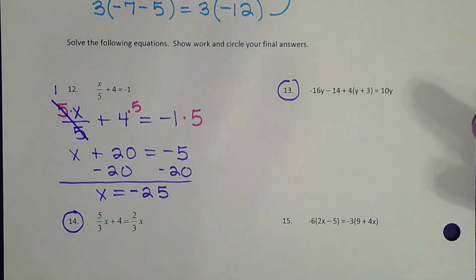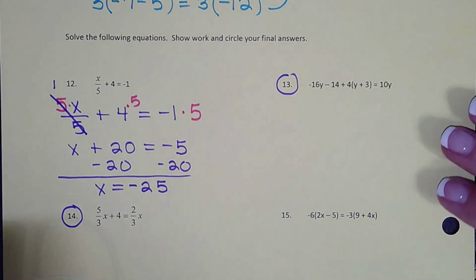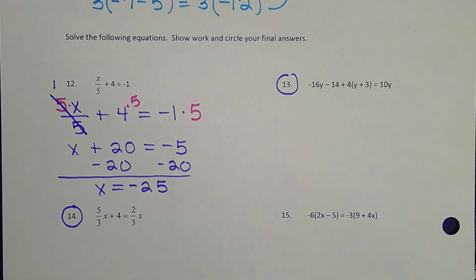So finish your test first. Don't submit it. Go back and maybe on your paper circle the ones that can be checked. And then you can go back and go, oh, I need to go back and check 12 through 17. They're all problems that say solve. So if you circle them on your paper, that will remind you to go back and check them if you have extra time at the end.